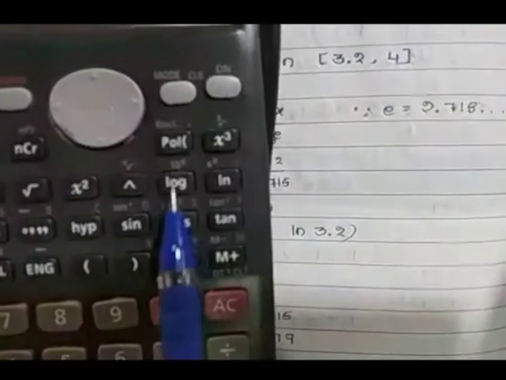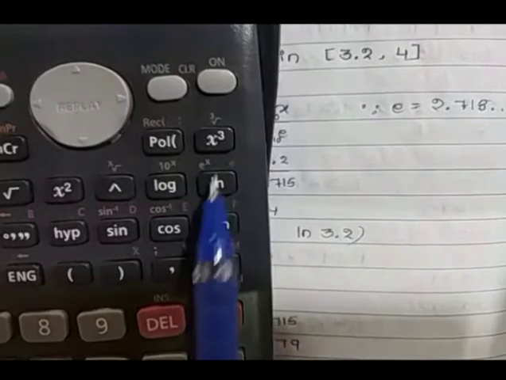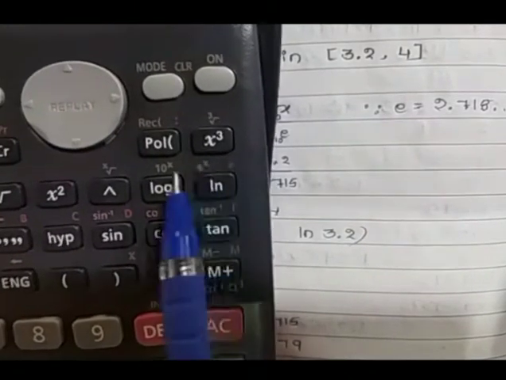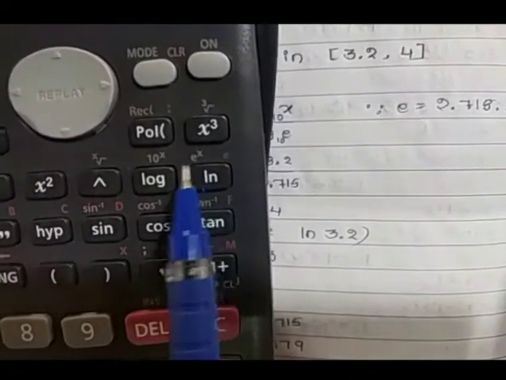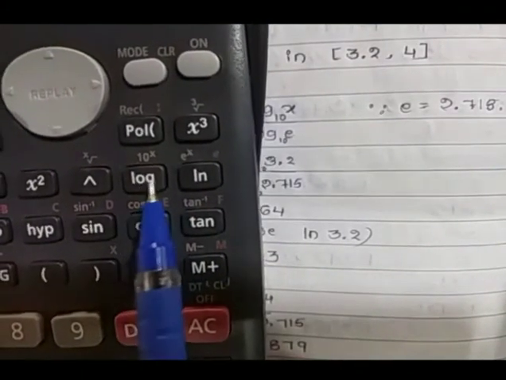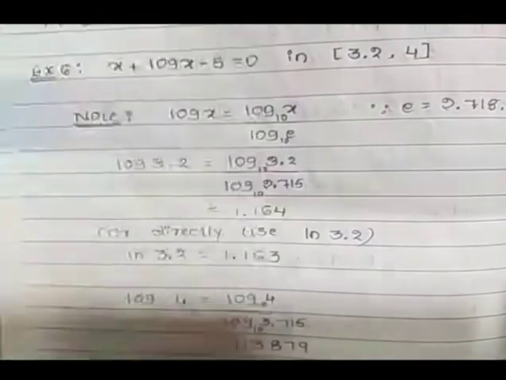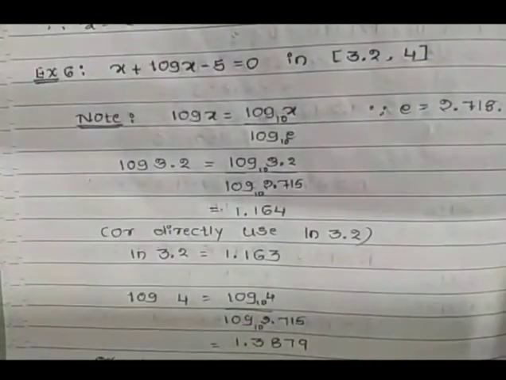Above log you can observe 10 to the power x, and above ln you can observe e and the e raised to x symbol. Now for this particular example, whether we have to use this log button or this ln button is very important here.